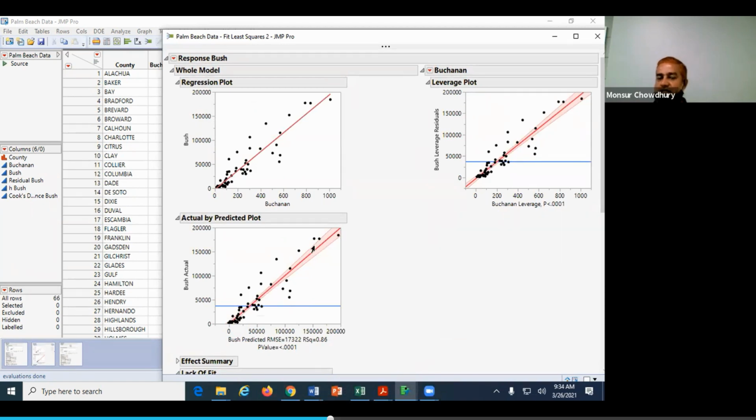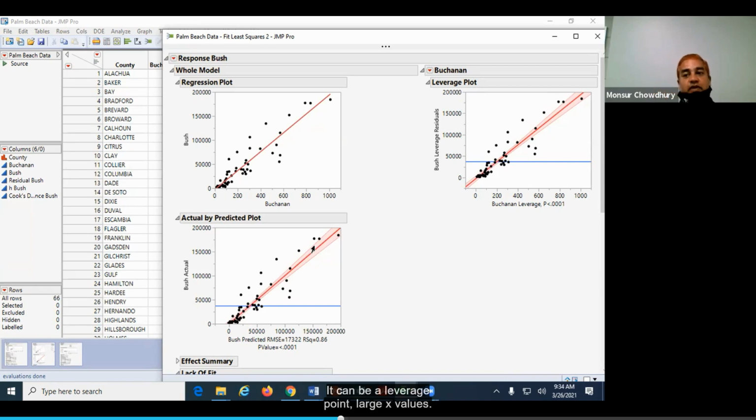So the main message from this data analysis part I want to show you is that if we have large X values, we don't necessarily need to say that this is an influential observation unless it has a large Cook's D. And if we remove this point from the data set and we see a dramatic change in the parameter estimates, R square value and the F value, then we can say that this is an influential observation. But it will not always be an influential observation.